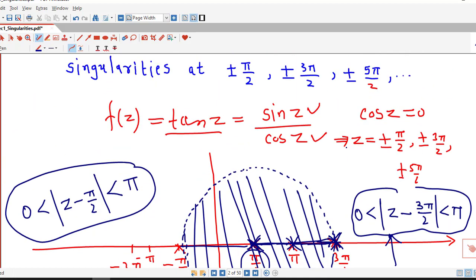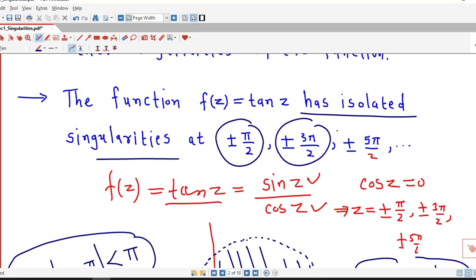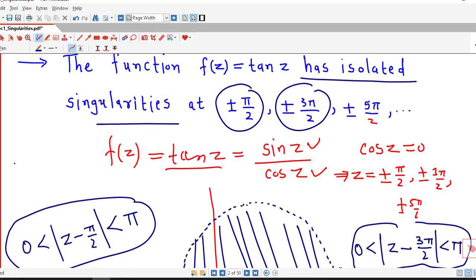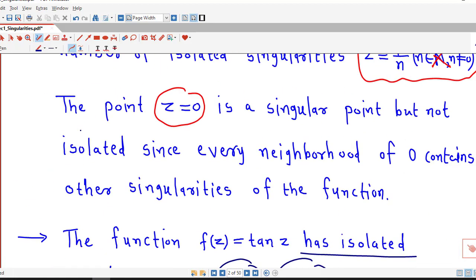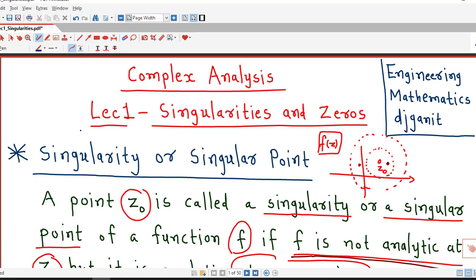So similarly all these are going to be isolated singularities. The function tan z has isolated singularities at plus or minus pi by 2, plus or minus 3 pi by 2. In general we can write plus or minus (2n minus 1) pi by 2, n belongs to N. So in this way we can decide the isolated singularities of the given function.